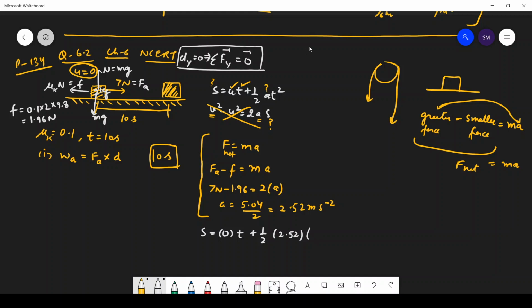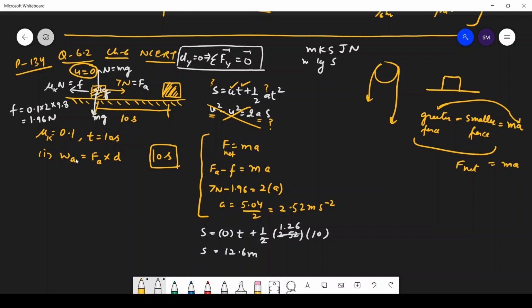So SI units, MKS: meter, kilogram, second, joules, Newton, right? So time should be in seconds. Okay, so now students, this will be cancelling out, 1.26, and displacement is equal to 12.6 meters.